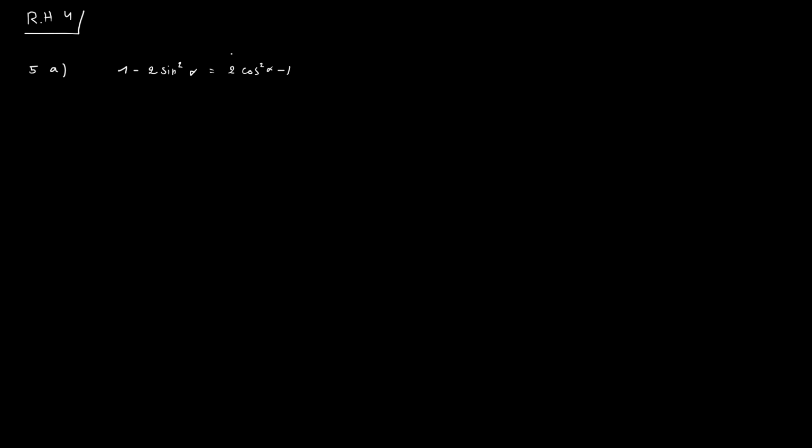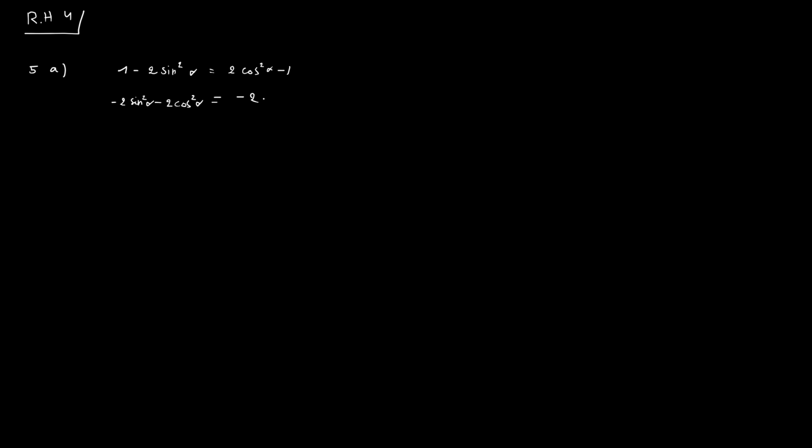This is not immediately obvious why this is true, so let's maybe put our unknowns on one side and our constants on the other. So basically we move this 1 over here, so we get minus 2, and here we get minus 2 sine squared alpha minus 2 cosine squared alpha. This already starts looking like something.